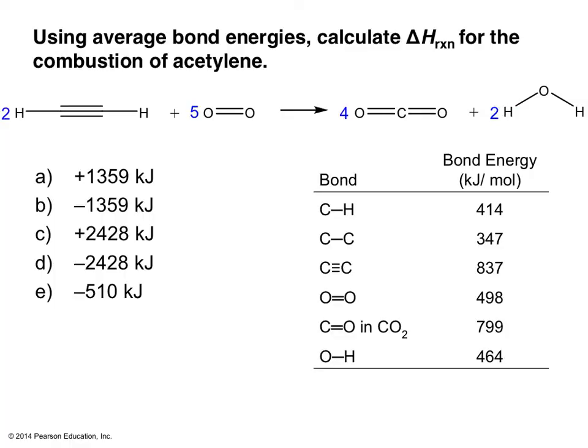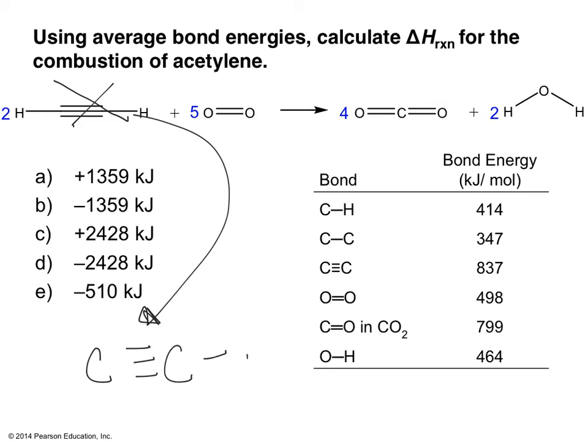So here's an example, and I've learned that students in Gen Chem don't understand this structure, so I apologize for writing it like that. I went into organic chemistry mode. Let me rewrite that. What I intend for that molecule to be is two carbons, triple bonded, each of them with a hydrogen atom. All right, so now here's a typical bond enthalpy problem.